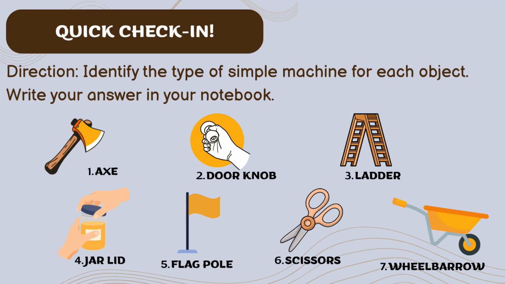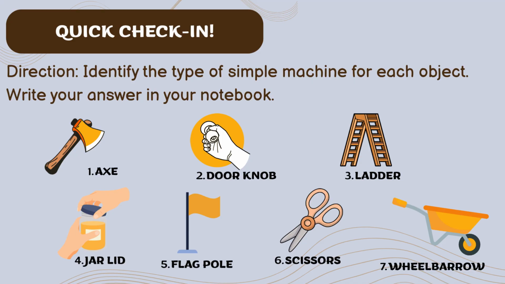Now, we already identified the six types of simple machines, so let's apply this. Identify the type of simple machine for each object. Write your answer in your notebook. We will check this next meeting. Number one, the axe.